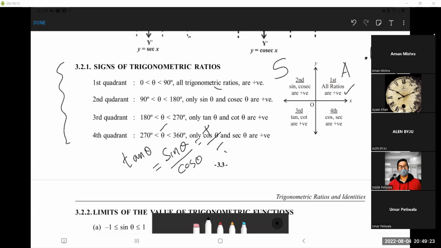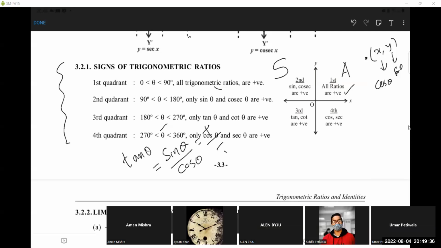When you make a right-angled triangle and find the angle, you can see that the x value is the same as cos theta and the y value is the same as sin theta. Using this, we can say that in the first quadrant, all trigonometric ratios are positive. In the second quadrant, sin and cosec are positive, the remaining are all negative.